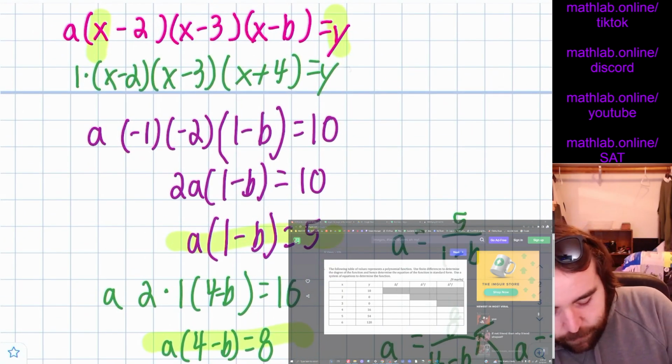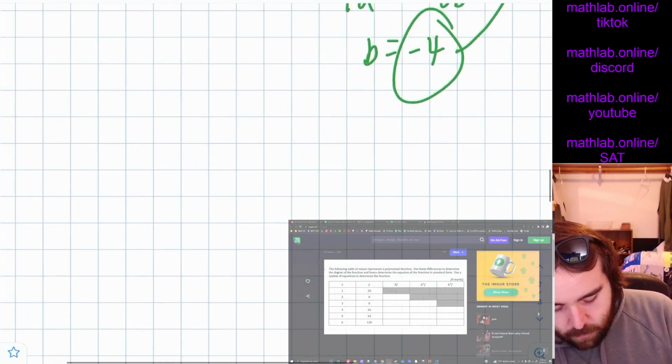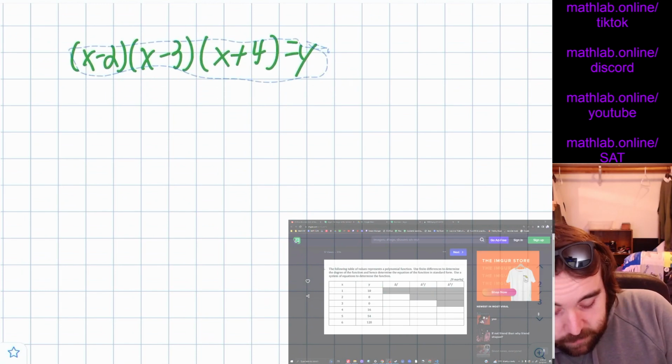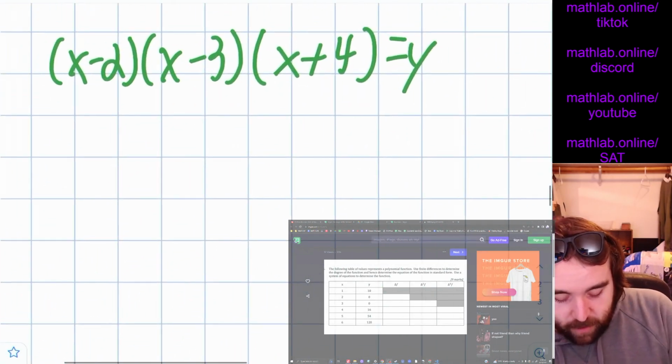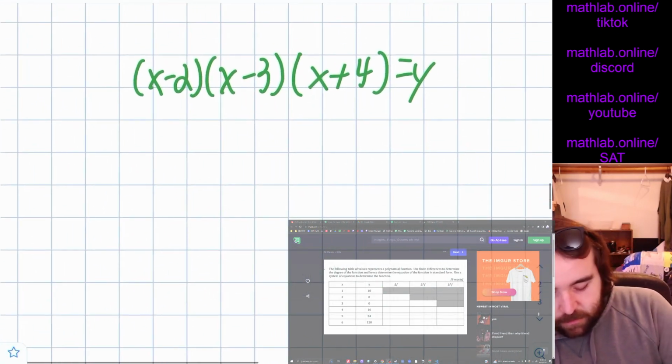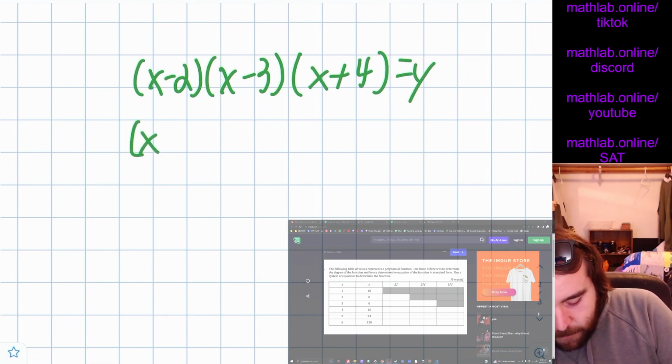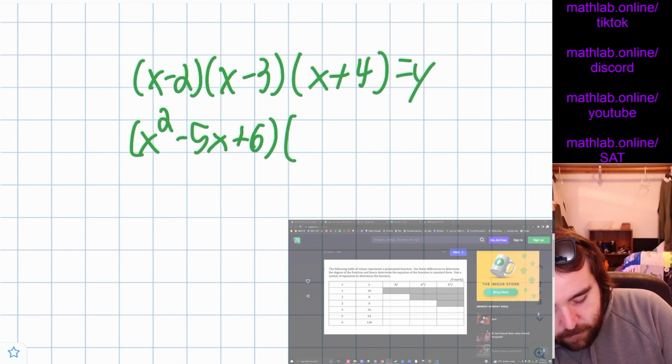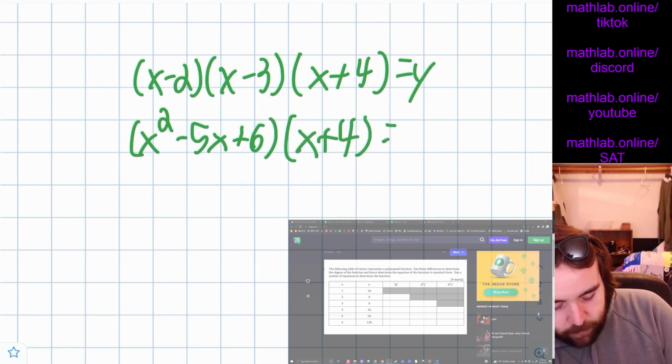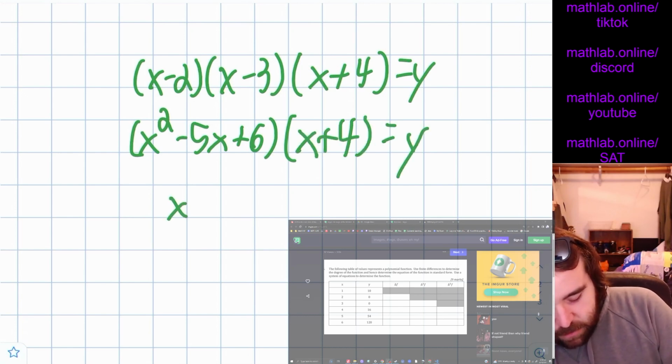Just to complete it out for you, just in case, if you want it in the distributed form. Not as useful as the factored form. It's probably more useful to keep it in the factored form, but we'll distribute it just in case. So we'll FOIL the first bit, and then distribute that with the second bit. And my tip with distributing longer stuff like this is, let's line it up.